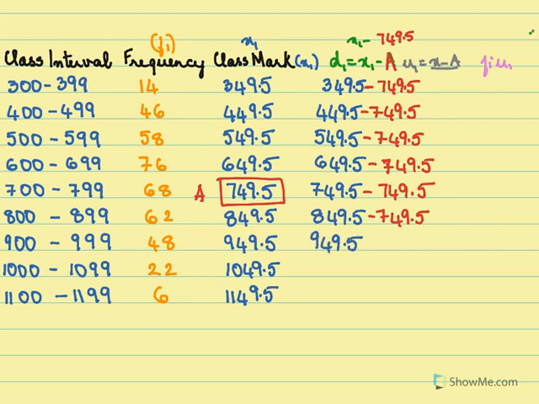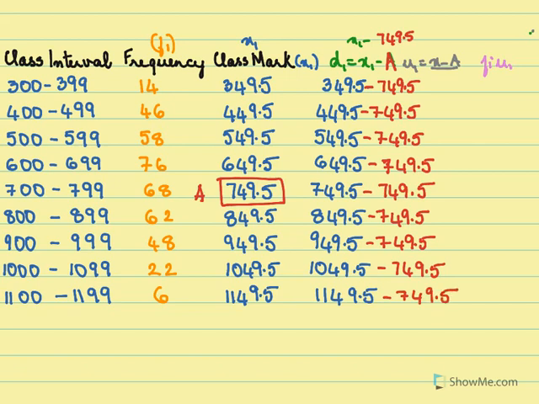Xi is 949.5 minus A, that is 749.5. Next is 1049.5 minus A, that is 749.5. And the last, 1149.5, which is Xi, minus A, that is 749.5.